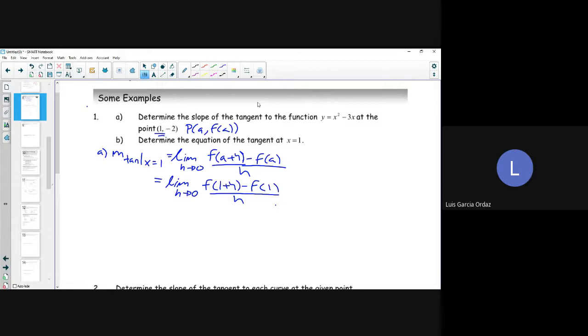So what we're going to do now is take our function y is equal to x squared minus 3x, and wherever we see our variable x, we're going to sub in 1 plus h.